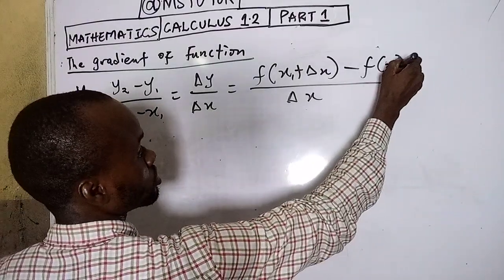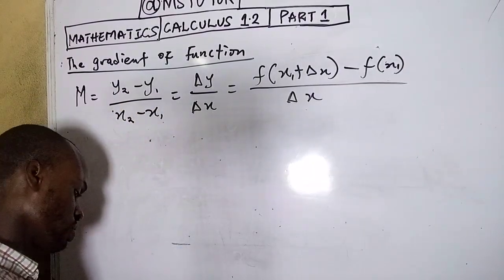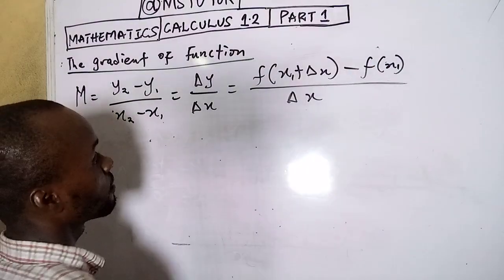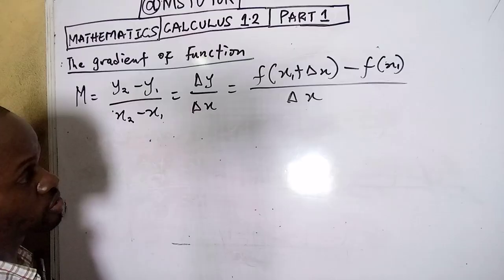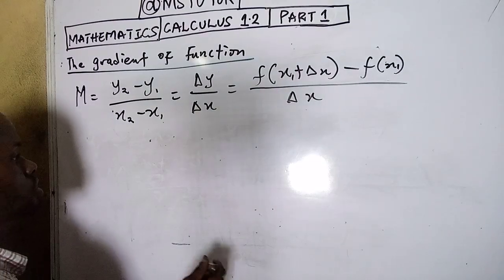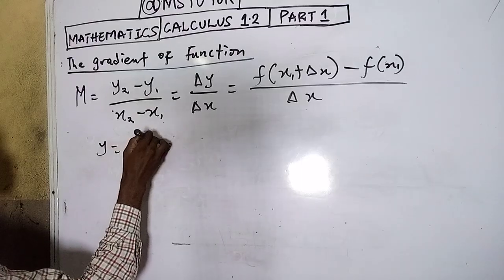You don't forget that this is also the original expression for the function that is given, which is usually equal to your y. You should recall that y equals f of x.